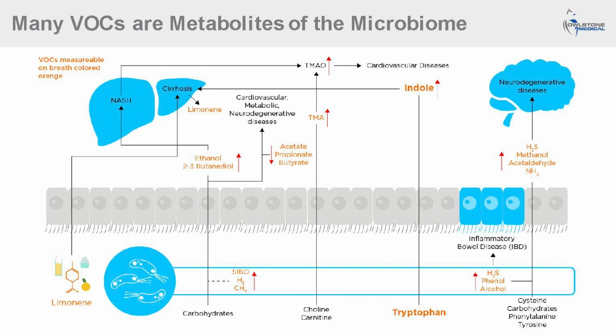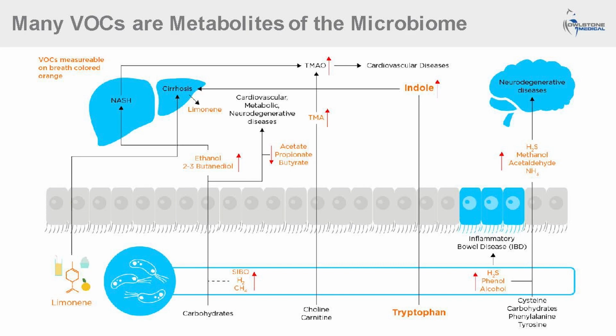Now, the gut microbiome is also a great source of VOCs. Usually the microbiota feeds on the compounds that we ingest with our diet, and they produce these metabolites. For example, carbohydrates can be fermented to ethanol or 2,3-butanediol, and these metabolites have been found associated with non-alcoholic steatohepatitis.